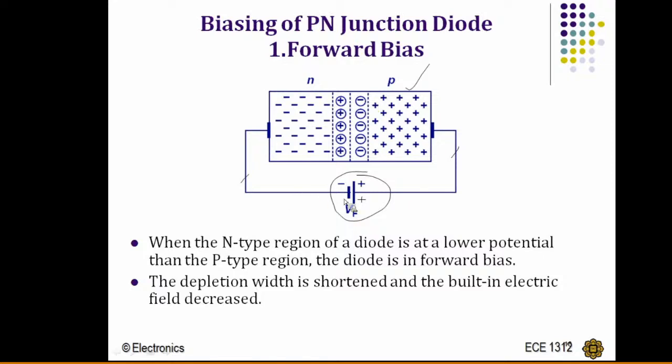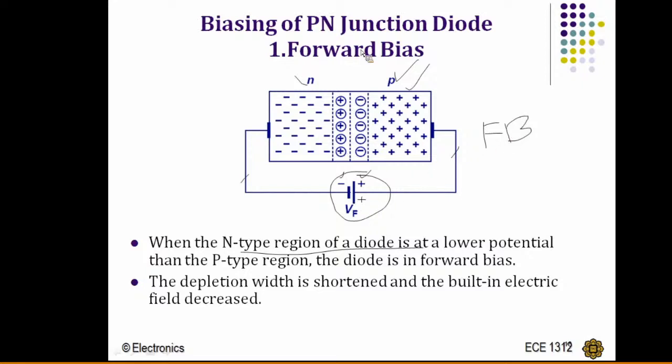Now you bias the p-n junction with the help of an external voltage source. When the n-type region of a diode is at the lower potential, that means n-type is connected to the negative terminal and the p-type is connected to the positive terminal, this connection we call forward bias.